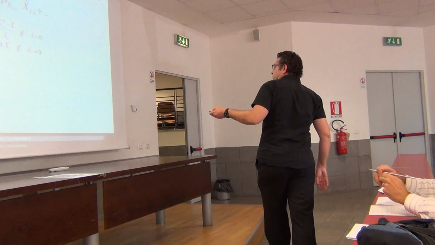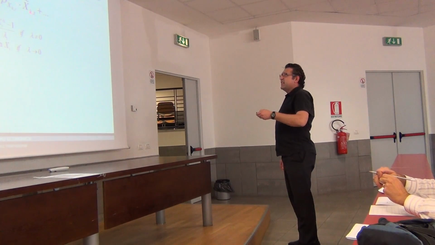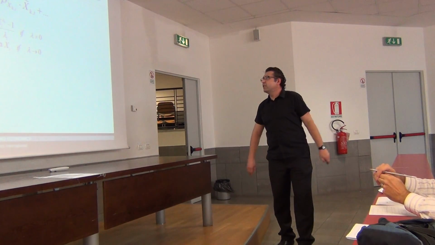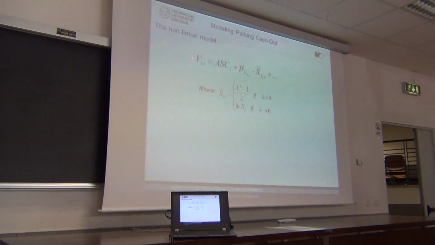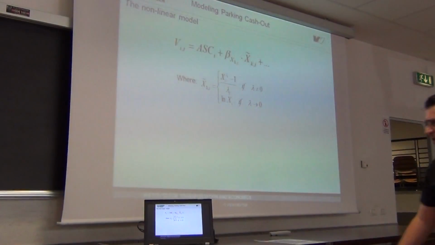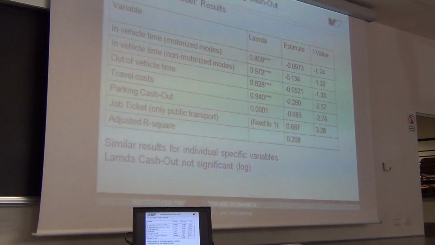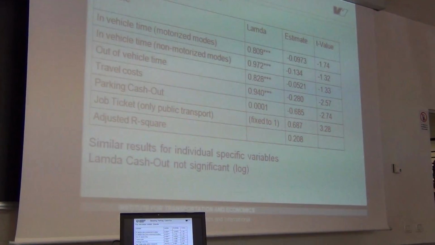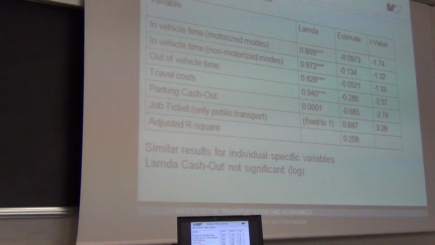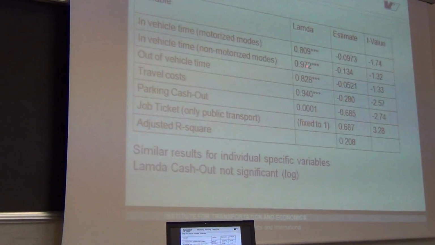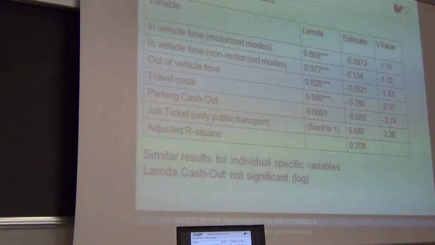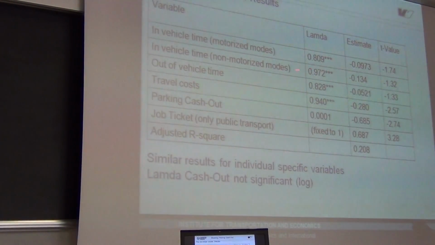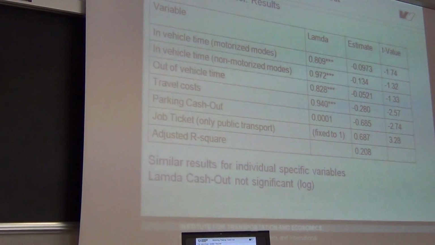But still, we did this kind of Box-Cox transformation, and we had also some results that seem to be similar, and we also estimated the lambda parameters, the Box-Cox parameters, for all these variables.